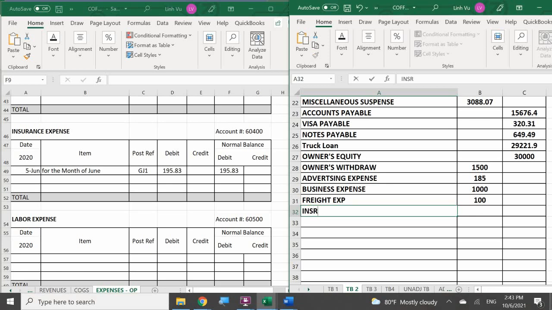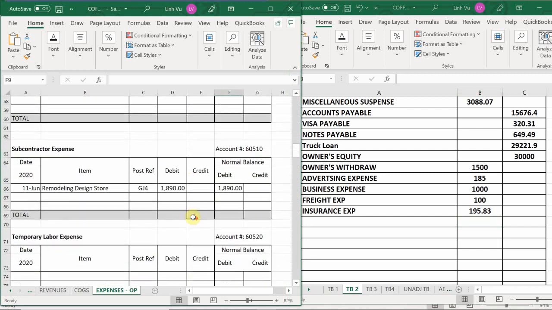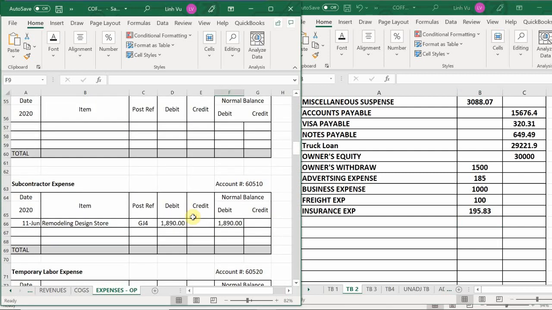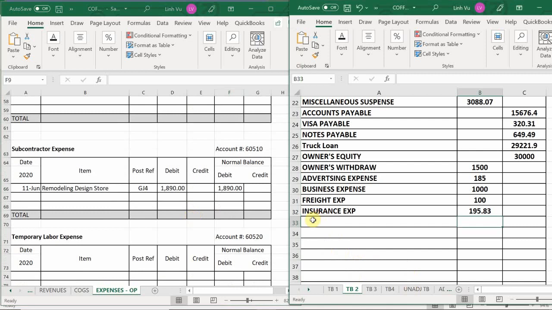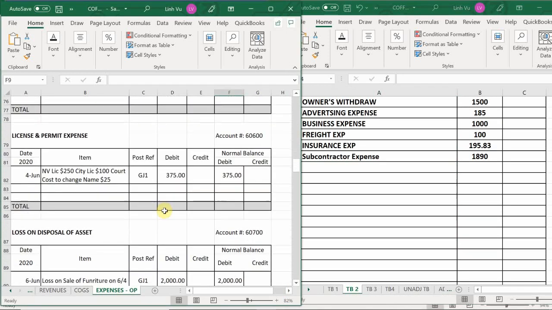Insurance expense for 195.83. Okay. And then we have a subcontractor expense. Yes, we do. Expense for 1890. Okay, what else?